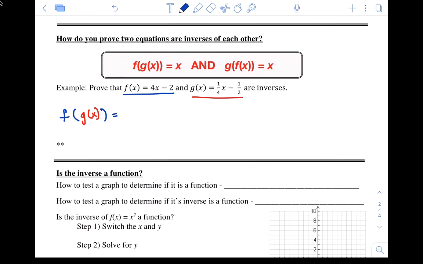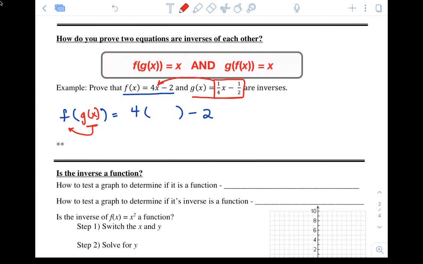Well, let's start with f of x. Let's get it ready. F of x is 4x minus 2. Since we're finding f of g of x, remember what's inside the function goes into the one that's on the outside of the function. So we're going to put g of x, what g of x equals, 1/4 x minus 1/2, and we're going to substitute it in for every x we see.